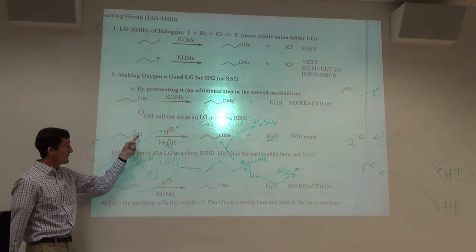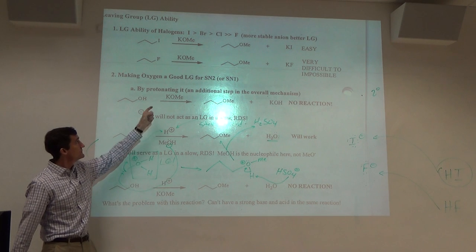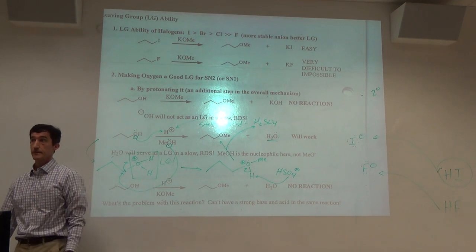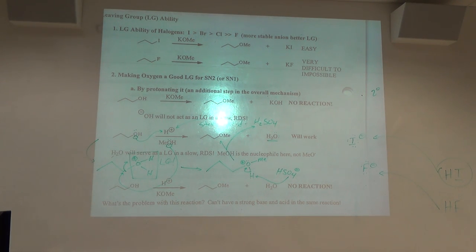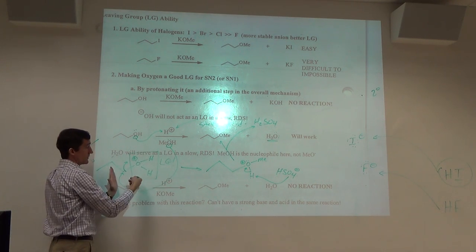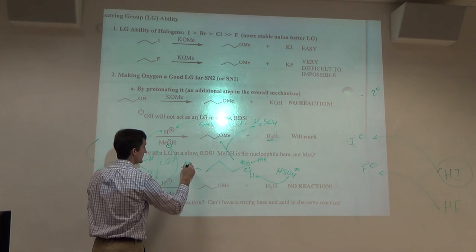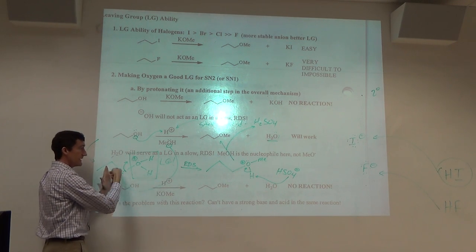We made the OH a better leaving group by doing what to it? Protonating it. It was a step before. This is your rate determining step, the actual kicking off the leaving group.